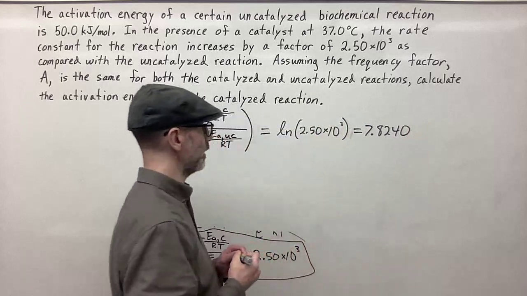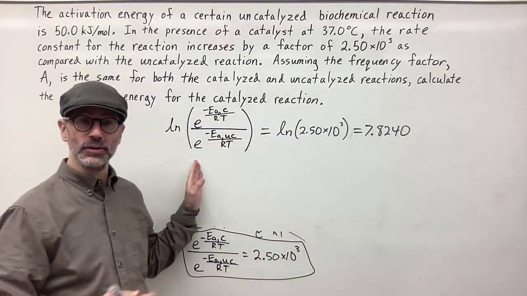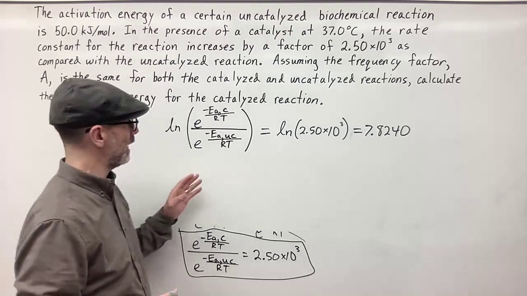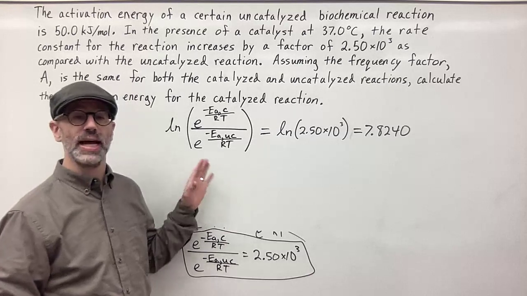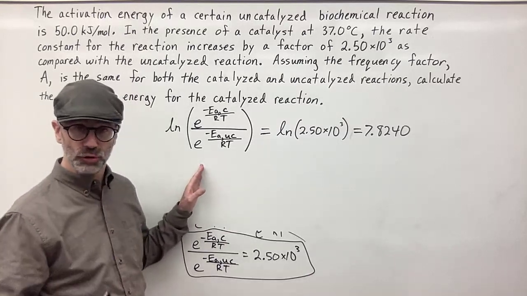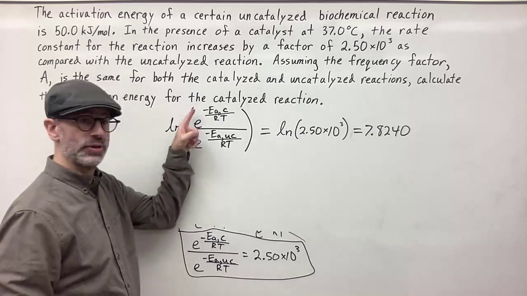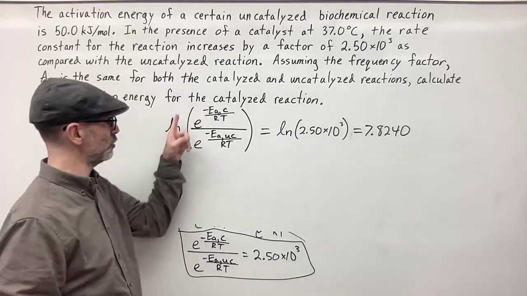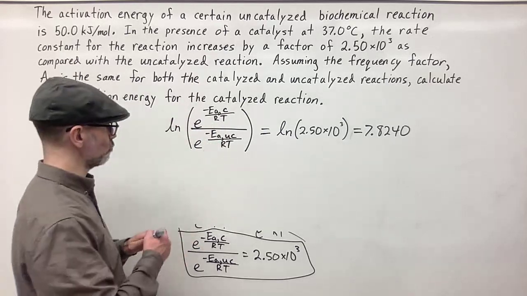7.8240. Okay. So now I have to remember my laws for natural logs. And they're pretty much the same as the base 10 log rules or laws. If I take the natural log of two things divided by each other, then it's the natural log of the top minus the natural log of the bottom. So let's rewrite that.